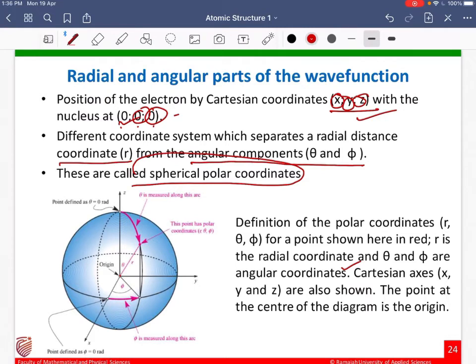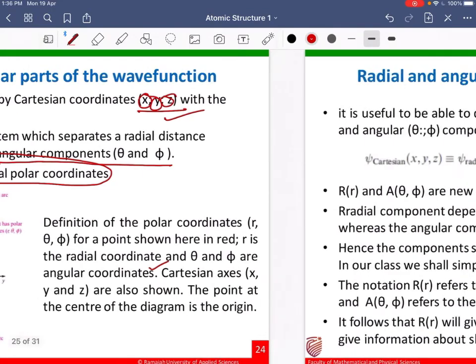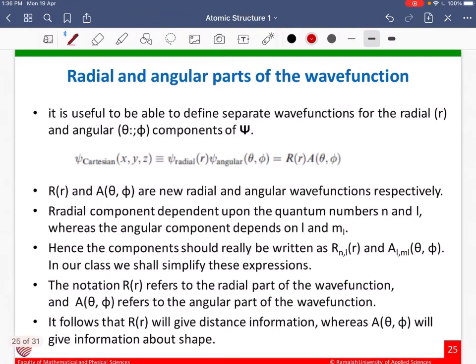However, it is useful to be able to define separate wave functions for the radial component, that is r, and the angular components, that is theta and phi, within the wave function psi. This is represented in the equation given here: psi Cartesian of x, y, z equals psi radial times psi angular, which we can rewrite as R of r times A of theta, phi.